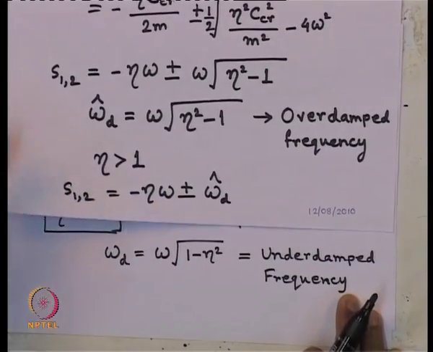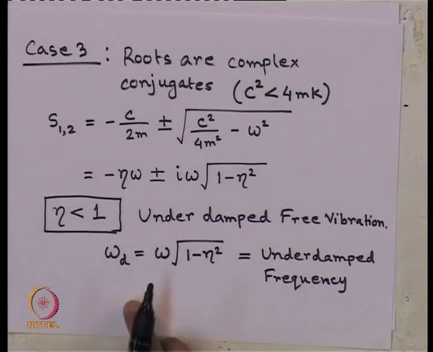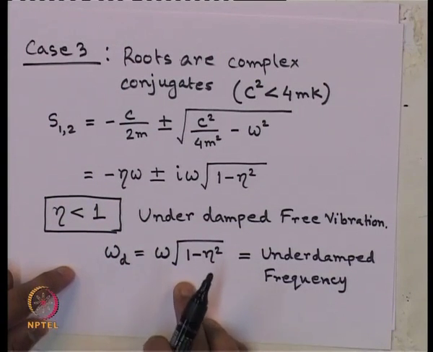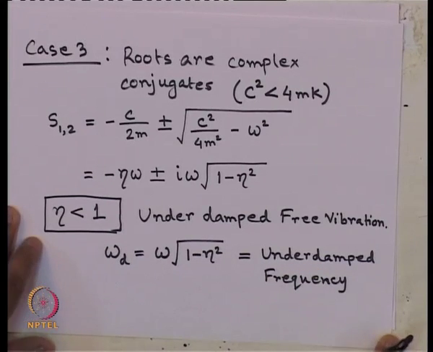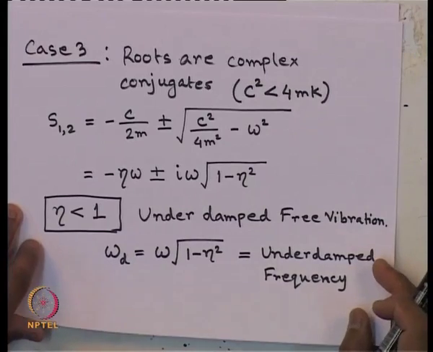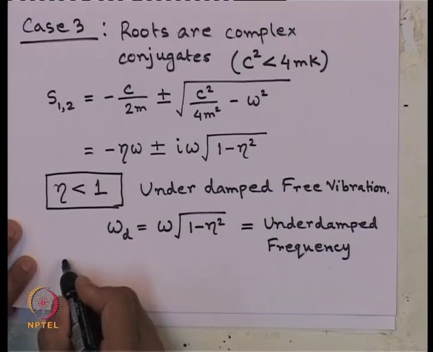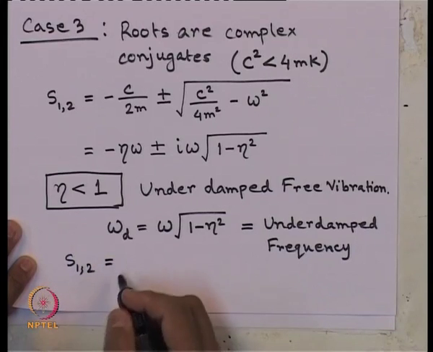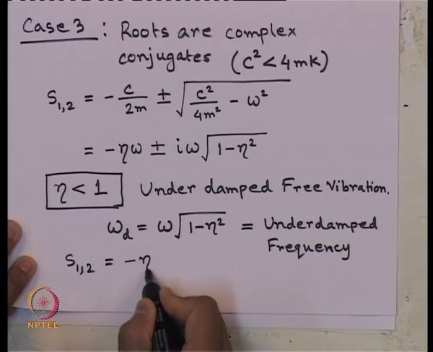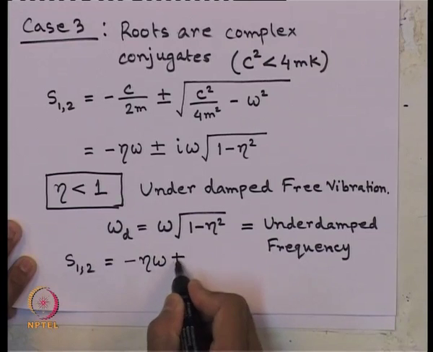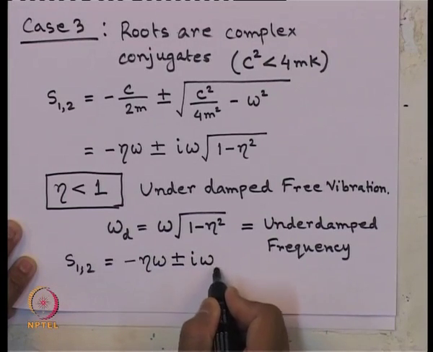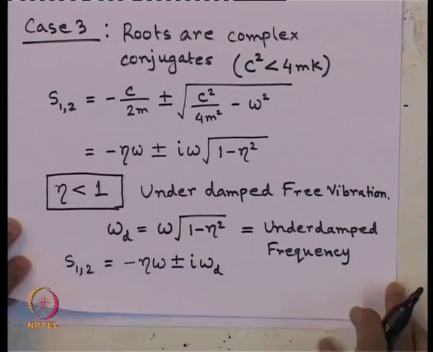Whereas, in third case eta is always less than 1. So, omega d is omega times root over 1 minus eta square, which is called under damped frequency. So, the two roots of the solution S1 and S2 will be minus eta omega plus minus imaginary function i omega d. These are the two roots.